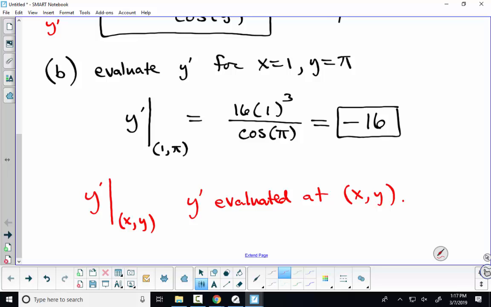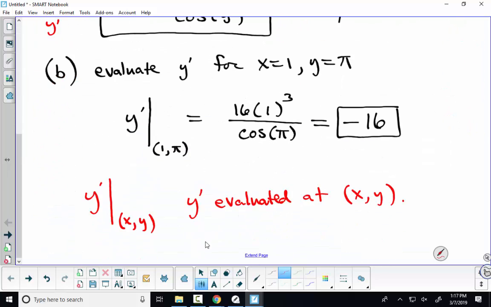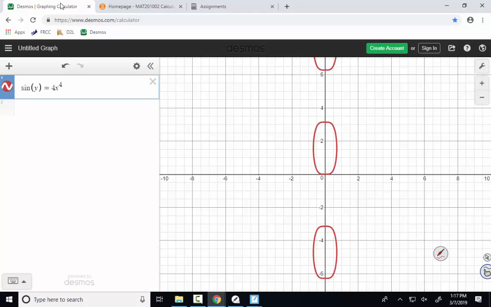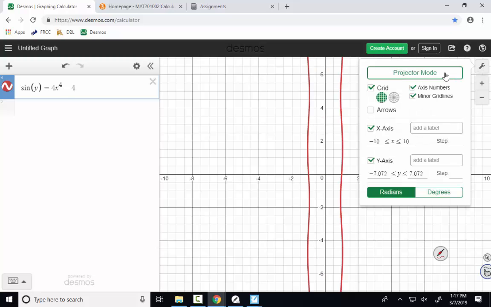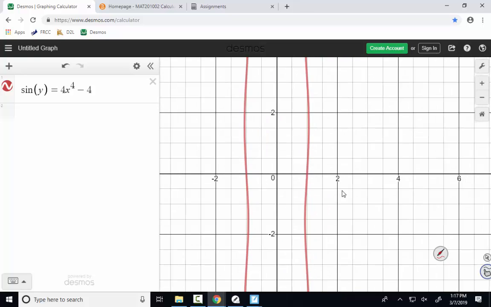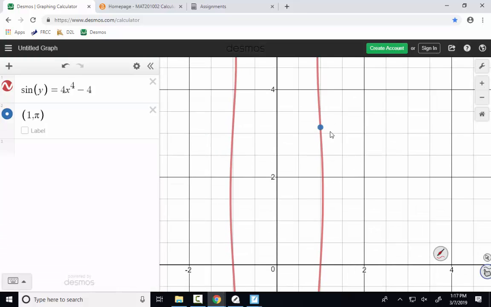So let's look at that curve. Not terribly crazy. And our point was (1, pi). So we have the tangent line coming through here like this. It's negative.